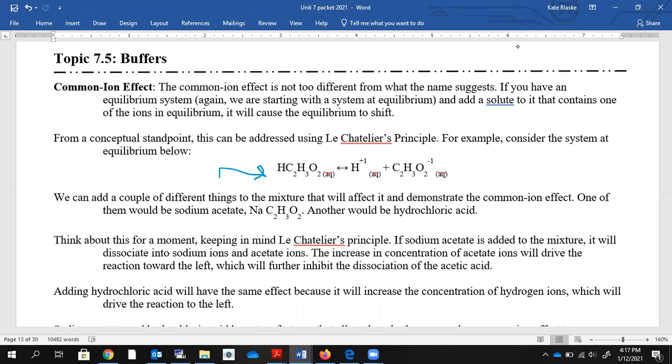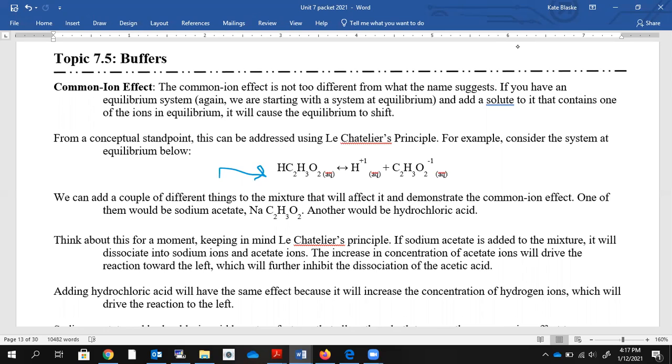Because of this idea of these shifts, and having different concentrations cause us to shift towards the reactants or the products, we can make a system of chemicals called a buffer. In a buffer, we include two chemicals.